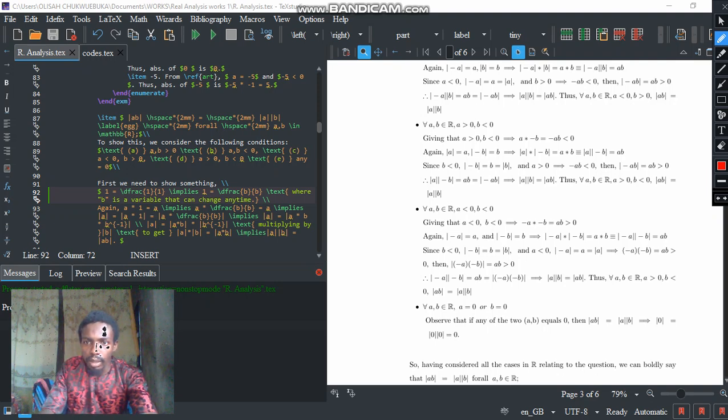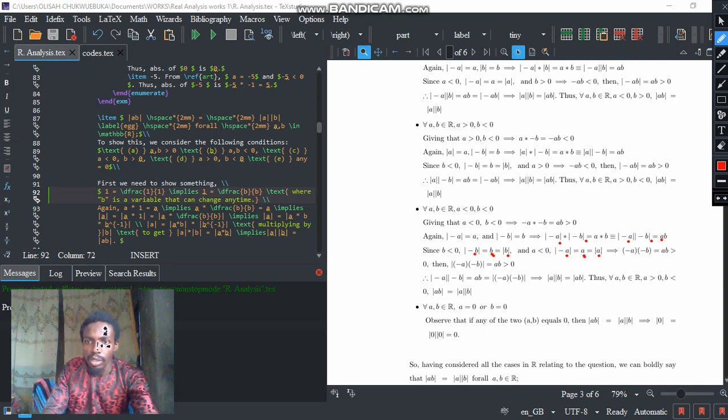We have this thing that we have here, absolute value of A, absolute value of B, equals to this, which is also equivalent to this. So again, since B here is less than 0, absolute value of negative B is equals to B, and also absolute value of B here is equals to B. So absolute value of negative B is equals to B, which equals absolute value of B. And again, A is less than 0, which implies that absolute value of negative A is equals to A, and absolute value of A itself is equals to what?